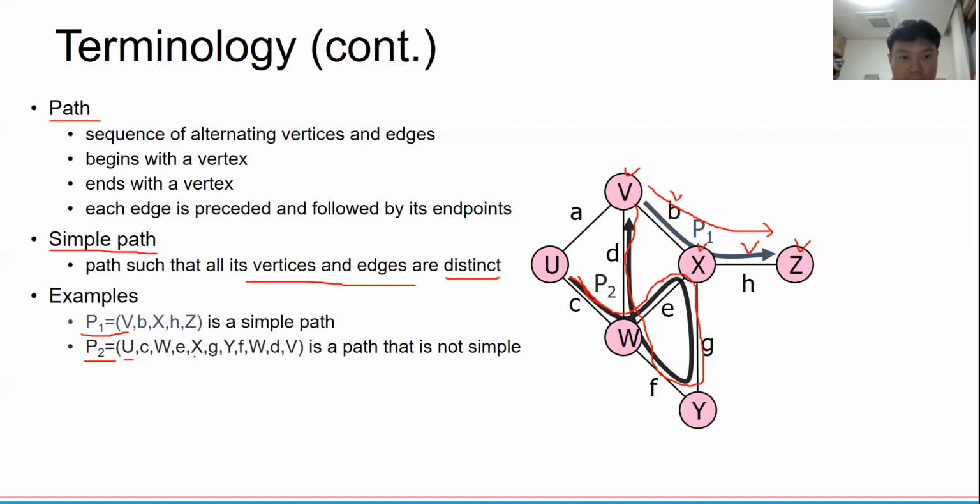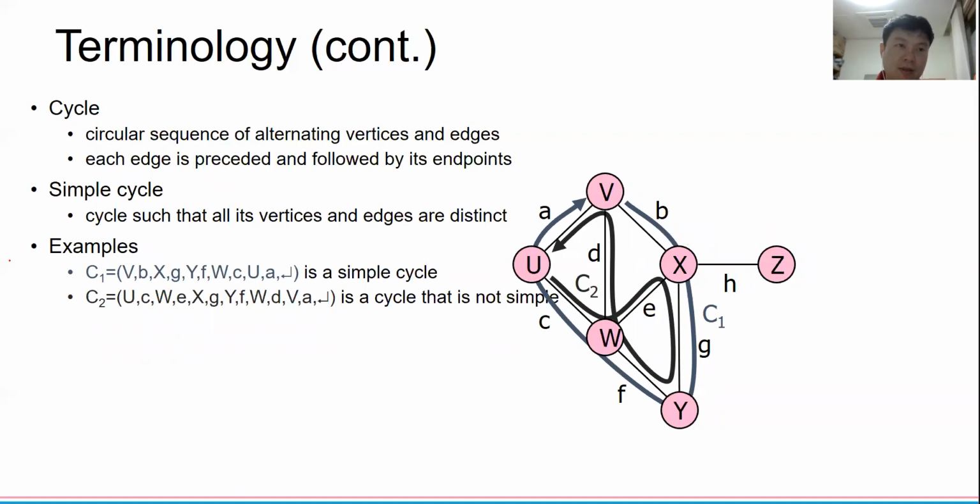Why? Because we can see W and W. So W has been repeated more than one time. Because of this, we can say that this is a path which is not simple.